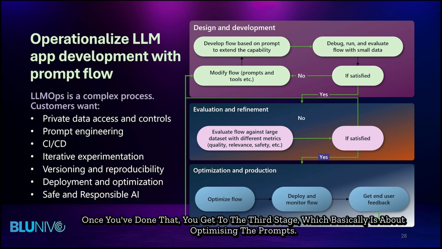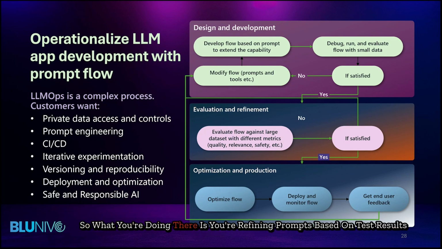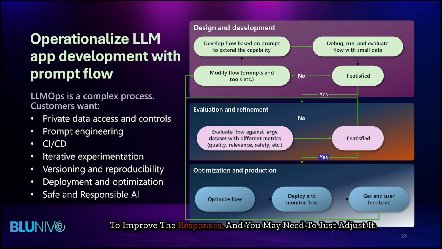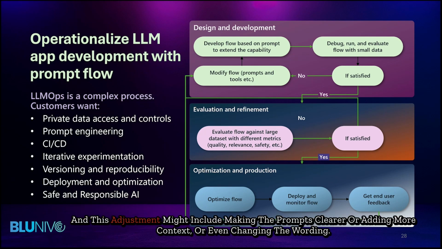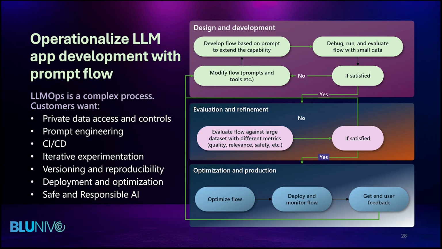Once you've done that, you get to the third stage, which basically is about optimizing the prompts. What you're doing there is refining prompts based on test results to improve the responses. And you may need to adjust it. This adjustment might include making the prompts clearer, or adding more context, or even changing the wording.